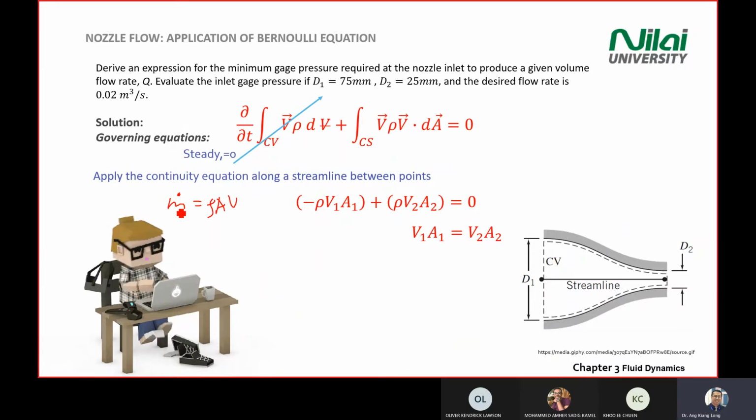Just a hint for your coming assignment. I will give you some statement in the question that, for example, use the continuity equation to find something in your assignment. It means that you are using the m dot equal to rho AV equation.